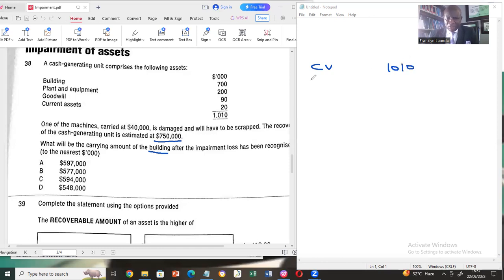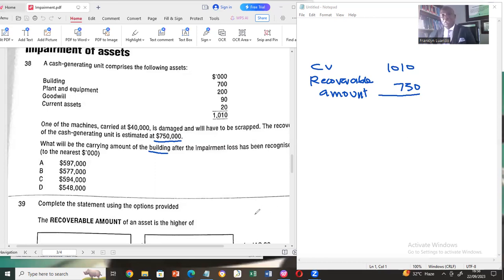The recoverable amount we are given is 750. So automatically there is an impairment loss because the carrying value exceeds its recoverable amount.